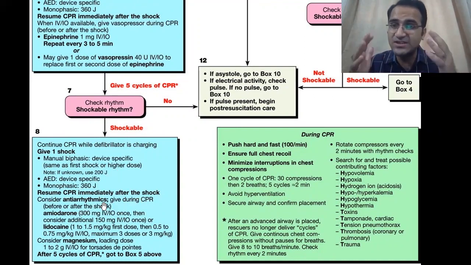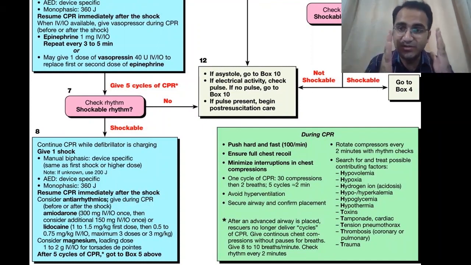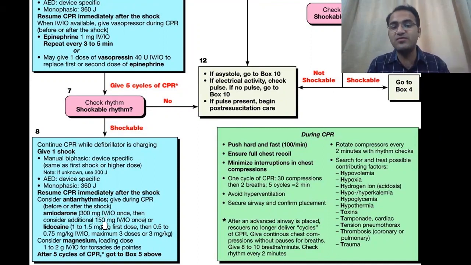Since we have tried so much, we have given shocks, we have given epinephrine, and that arrhythmia is not stopping, now you have to give amiodarone. Amiodarone is given with a dose of 300 mg IV once, and then you give an additional 150 mg again. So you give amiodarone, an anti-arrhythmic drug. Amiodarone is usually given more often than lidocaine. You can also consider magnesium and lidocaine, and then you again repeat the CPR.